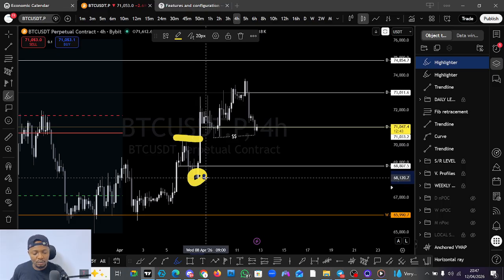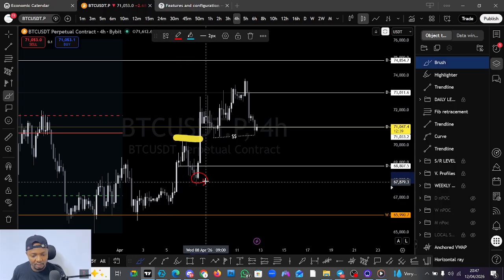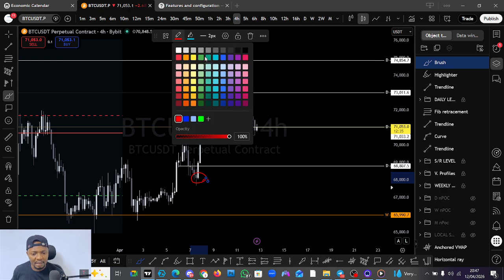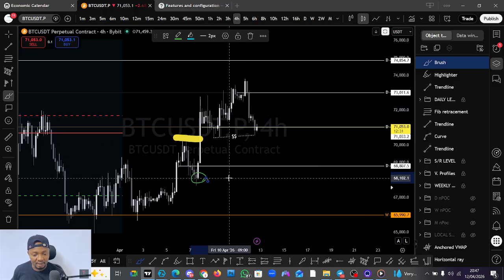The aggressive move that broke the structure originated from this region. So as a result, the demand that led to the break of structure definitely must be there.